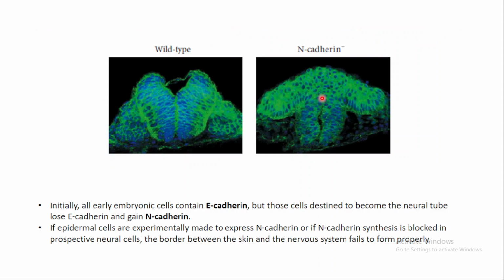If N-cadherin is knocked out in the neural tube cells, then also the boundary will not form, because the boundary will only form when epidermal cells express E-cadherin and neural cells express N-cadherin. If neural cells have N-cadherin knocked down, it will behave similarly. There will be no distinction between the epidermis, the skin, and the nervous system.